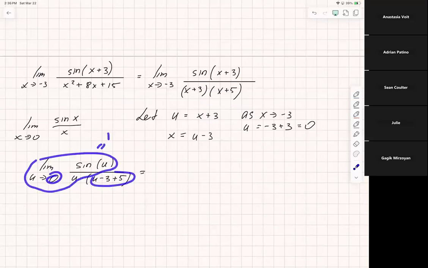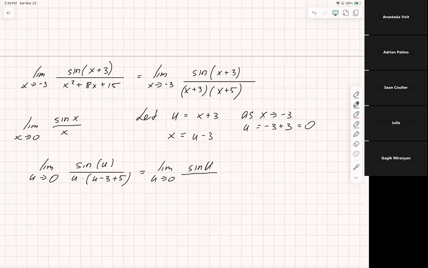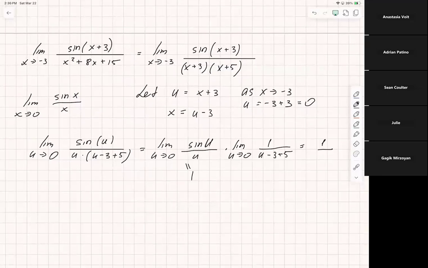Now when we plug in 0 into u, we have the limit as u approaches 0 of sin u over u times the limit as u approaches 0 of 1 over (u - 3 + 5). This guy is 1, and this one is 1 over 0 minus 3 plus 5, which is 1 over 2. So this is the answer for this particular question. This is how you approach it.